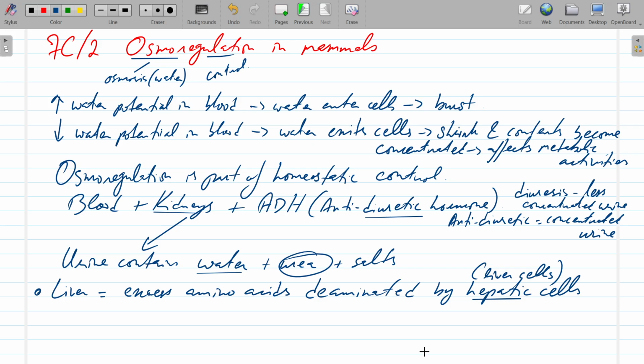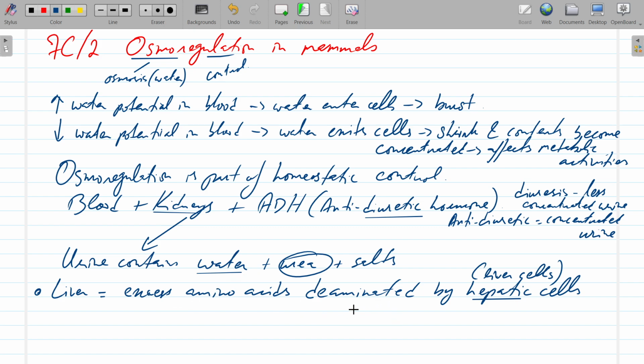So the disease translates to inflammation of the liver. Or you've heard of the hepatic portal vein or the hepatic artery and the hepatic vein. Hepatic means liver.